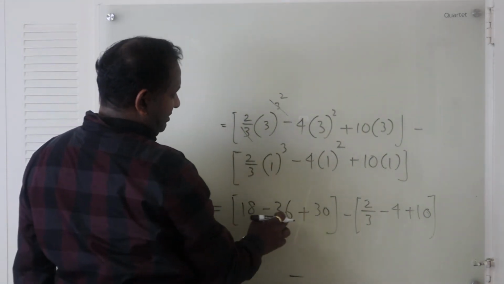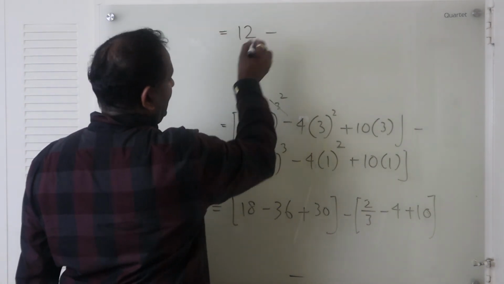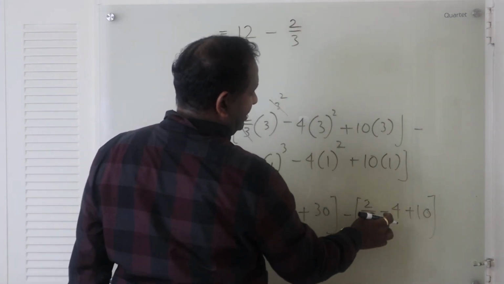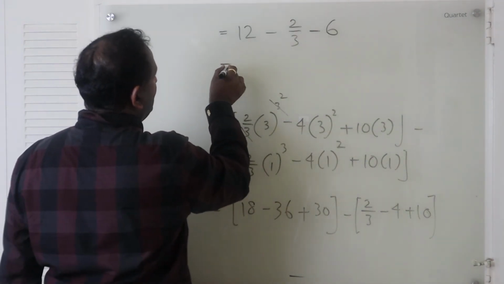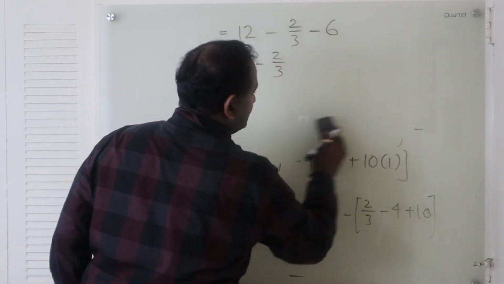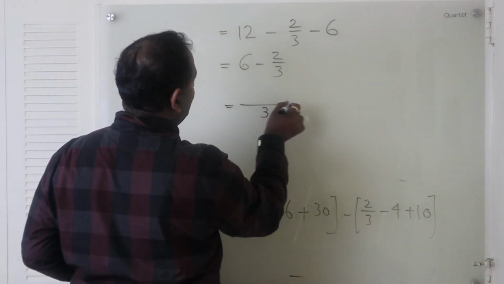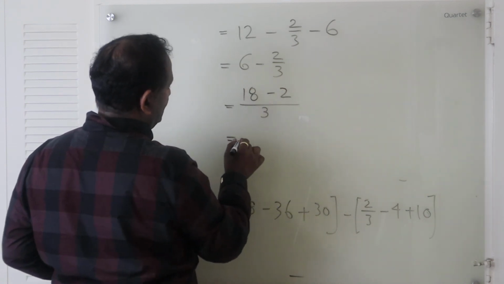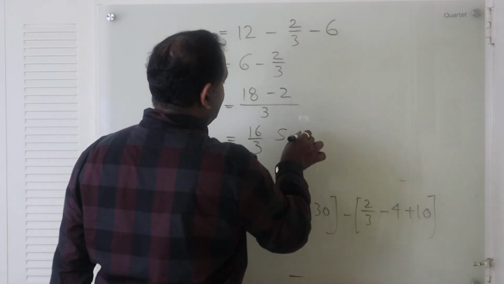Then here 18 minus 36 plus 30 is 12. 12 minus 2/3, 10 minus 4 is 6, negative 6. Then 12 minus 6 is 6, 6 minus 2/3. Then common denominator, least common denominator 3, 3 times 6, 18, minus 2, 16 over 3 square units.